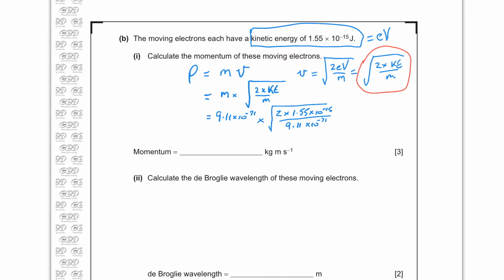And the top mathematicians will realize that there was something I could have done there to simplify that and avoid having to write the mass of the electron in twice, but I've avoided that just not to make this too mathematically challenging. So we substitute into all of those and we should get a momentum in kilogram meters per second, and that gives us 5.31 times 10 to the minus 23 kilogram meters per second.